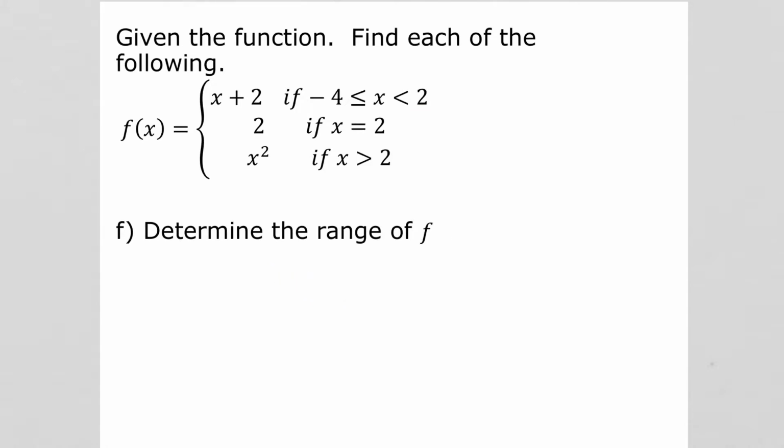So -4 is defined in the x plus 2 part of our function. -4 plus 2 is -2. So our graph has to start at -2, including it just as the -4 was included. And since it's not stopping anywhere on the range, it's not stopping in this case for the domain either.